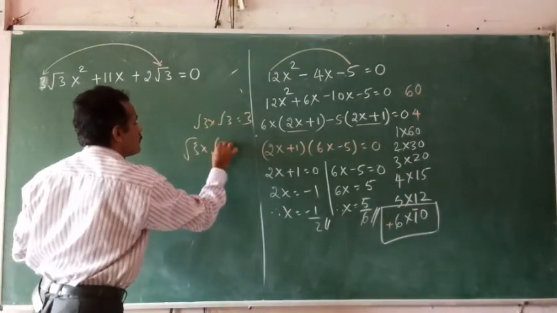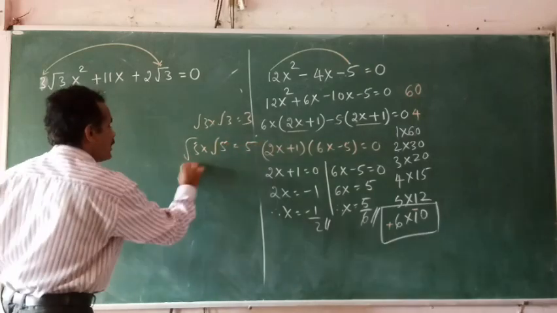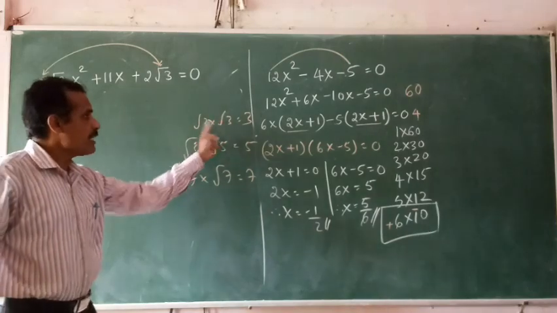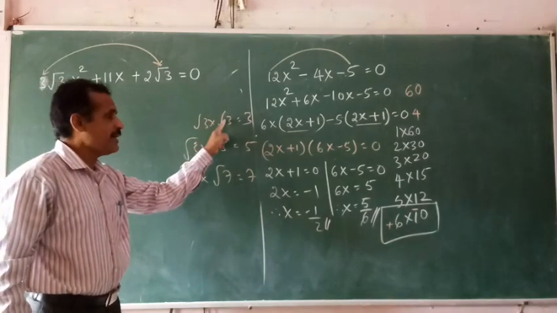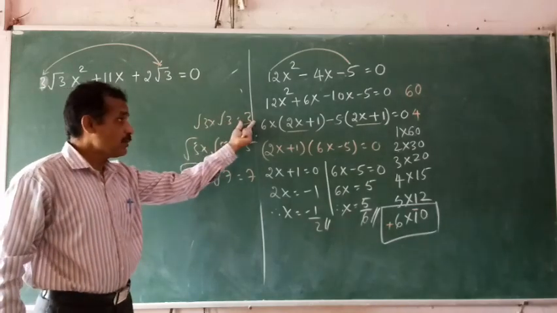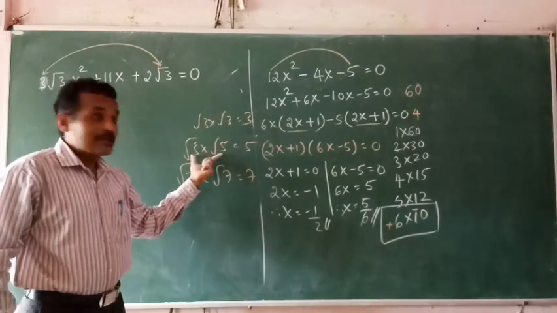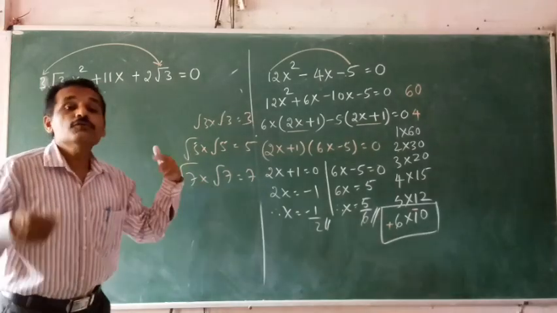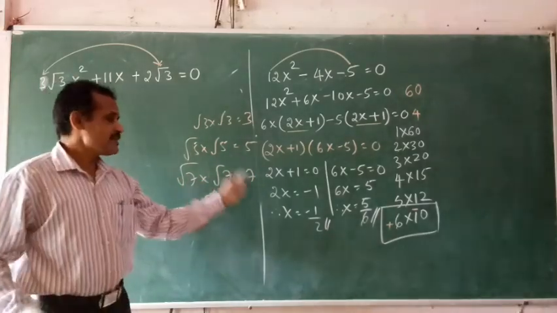Root 5 into root 5, answer is 5. Root 7 into root 7, answer is 7. When two same numbers under roots are multiplied, you get a number without root. Root 5 into root 5 is actually root 25, which means 5. Root 7 into root 7 is root 49, which means 7.